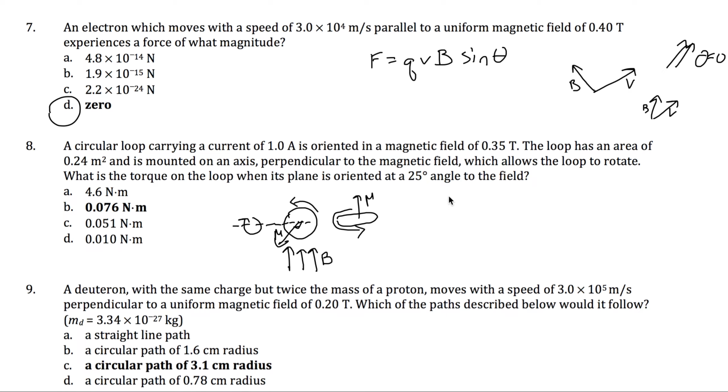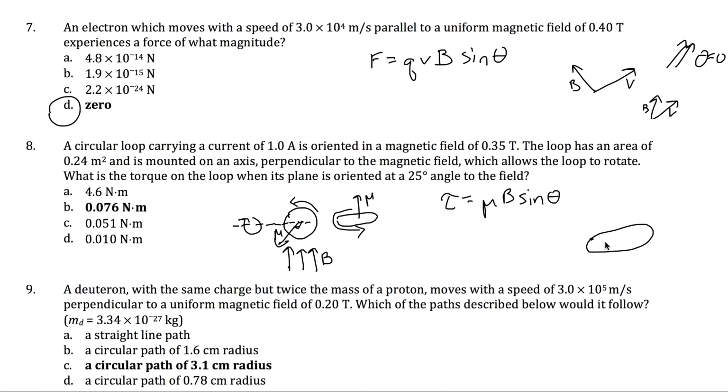And when we're using the torque equation, mu B sine theta, the angle that we care about is the angle between mu and B. So maybe if I draw this a little bit differently, I can show it a little bit better. I'm just going to draw a different loop so you can see.